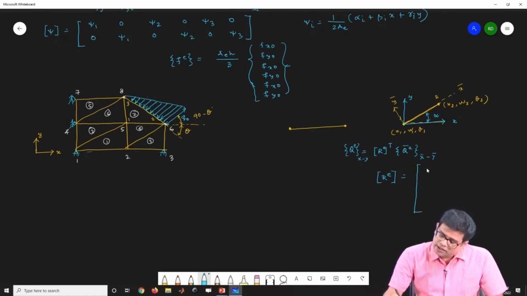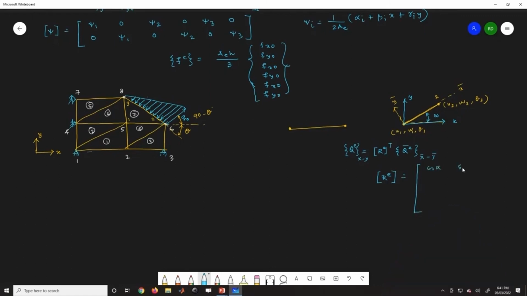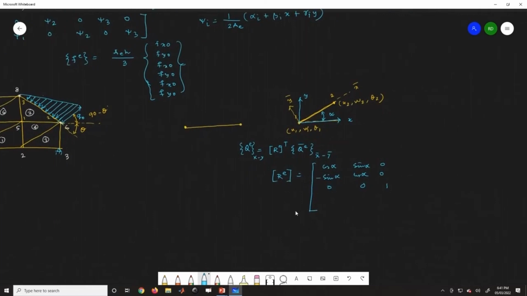If you remember, that is cos alpha, sin alpha, 0, then minus sin alpha, cos alpha, 0, then 0, 0, 1, and then again you have the same block: cos alpha, sin alpha, 0, then minus sin alpha, cos alpha, 0, then 0, 0, 1.